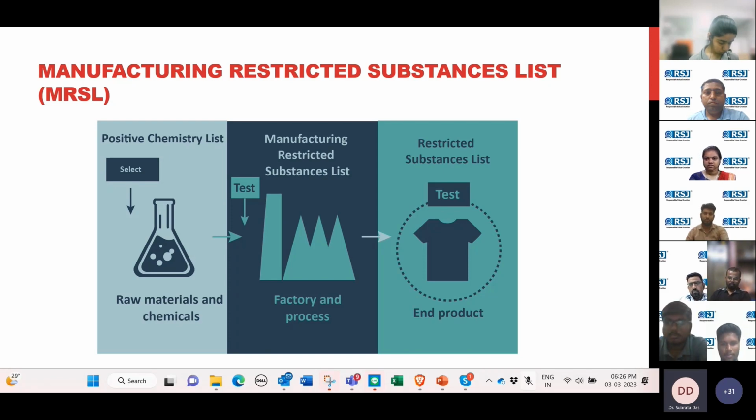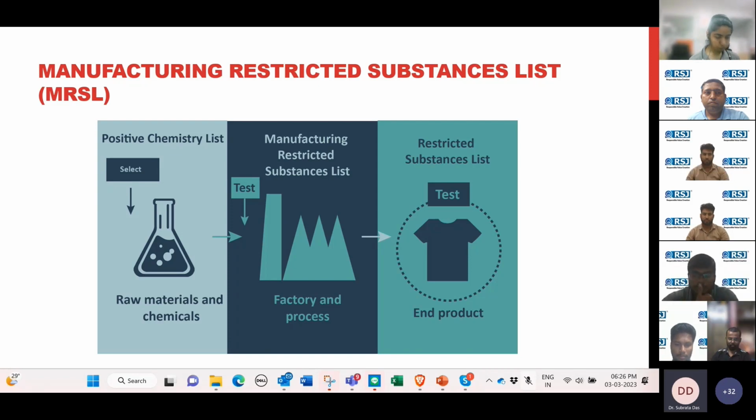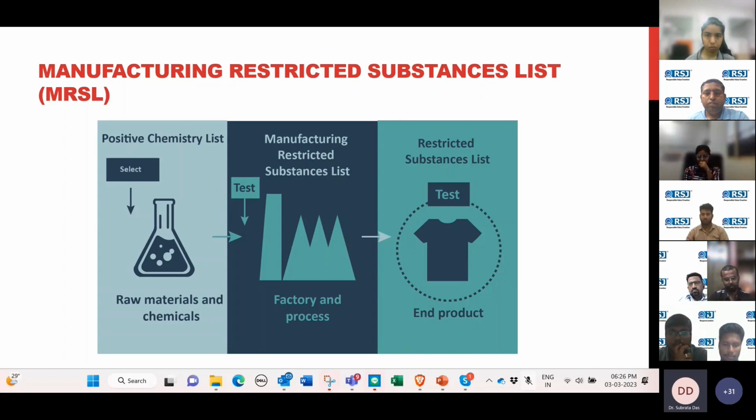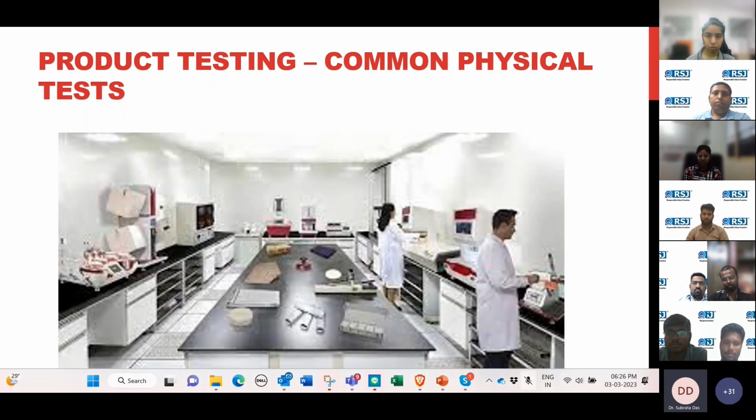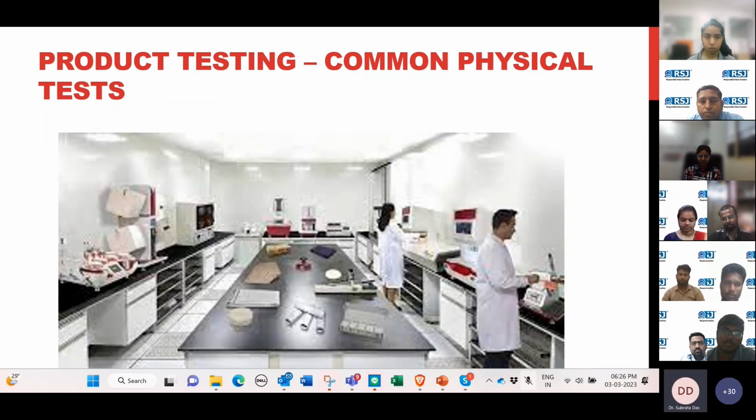So buyers nowadays have two types of lists: the RSL and the MRSL. Of course, if the MRSL is controlled, there is very little chance of any restricted substances in the end product, unless there are false positives or results where the reaction mechanism changes, as I said. Otherwise the MRSL is the more convenient one for garment units to follow.